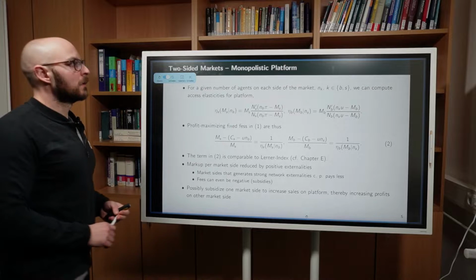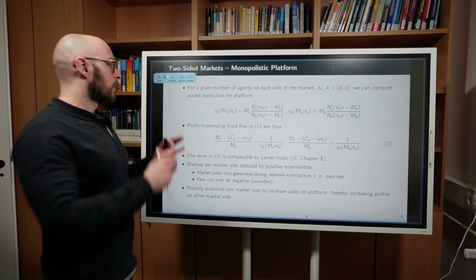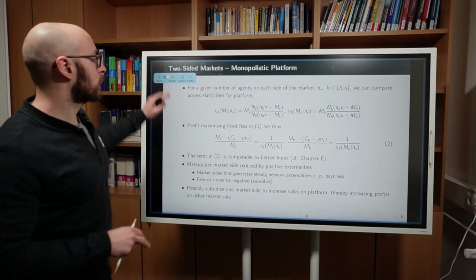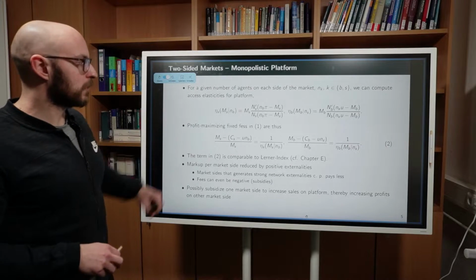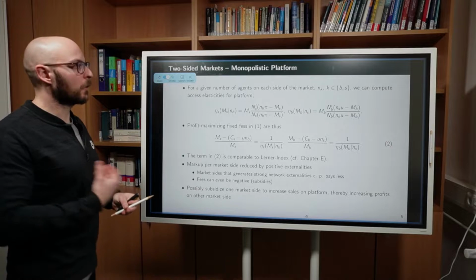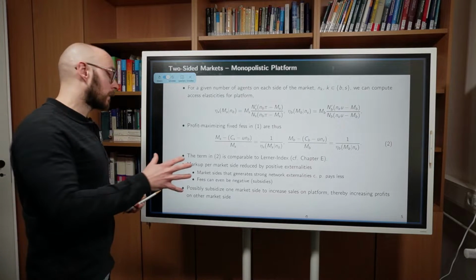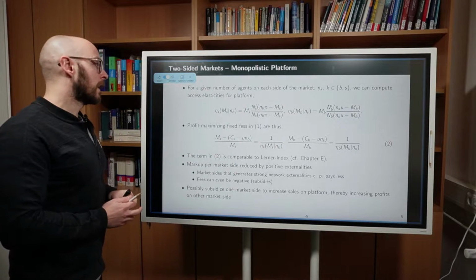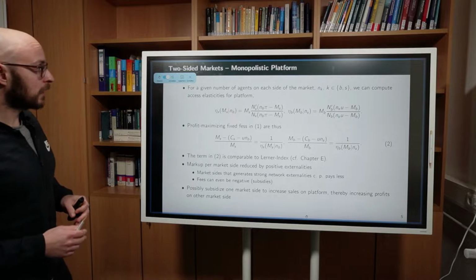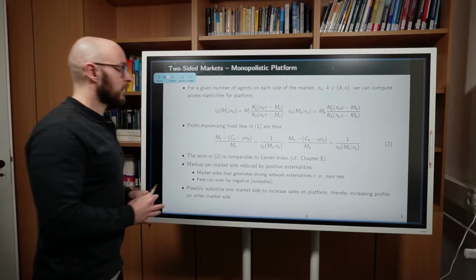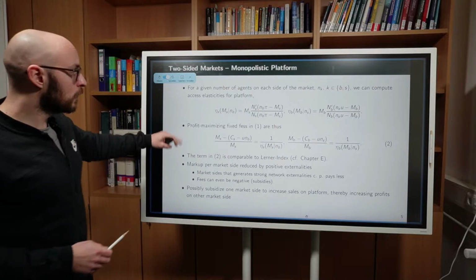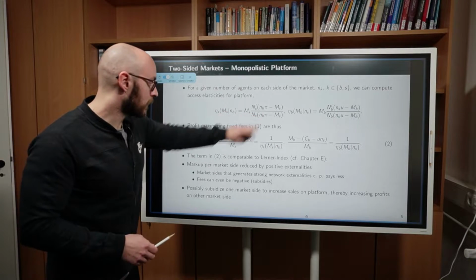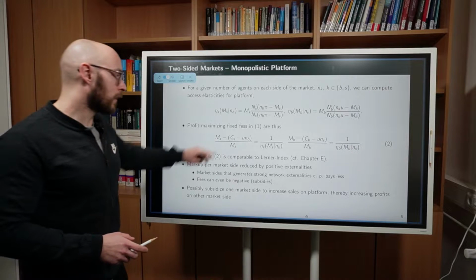Okay, now we can then come up with excess elasticities, right? So we can take what we had before and determine elasticities. In order to do that, I would advise you to take a look at the textbook here. So it's something that we don't derive here. However, what I want to show you is that you can use these definitions here to get to a Lerner index, right?